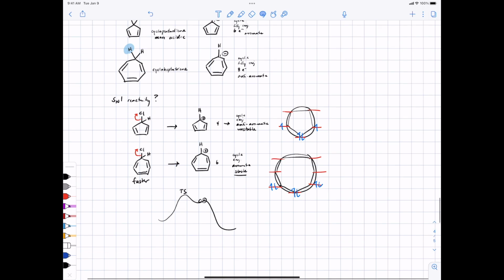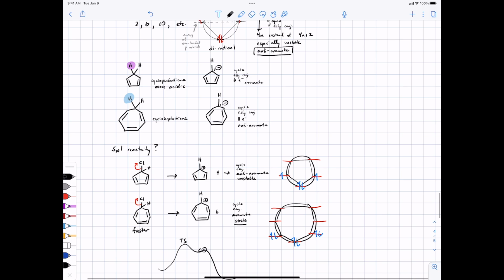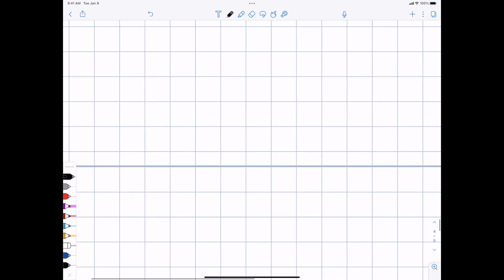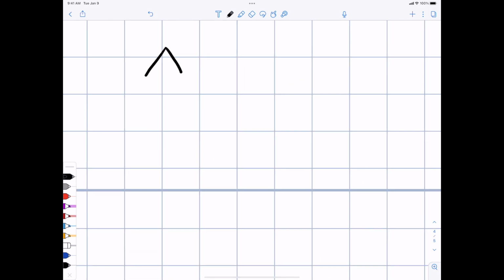I guess the smallest aromatic system you could think of would be maybe this one. Which I think starts to sort of look like the little aliens from Toy Story.